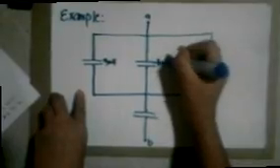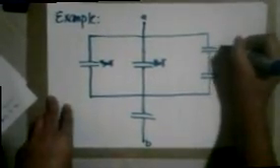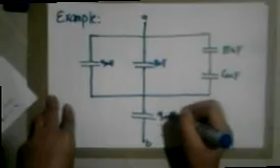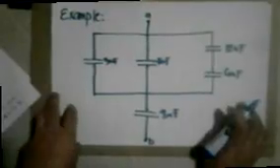Let's have an example. The illustration. This is a 3 microfarad capacitor, 11 microfarad capacitor, 12 microfarad capacitor, 6 microfarad capacitor, and 9 microfarad capacitor from point A to point B. This combination is both a series and a parallel combination.